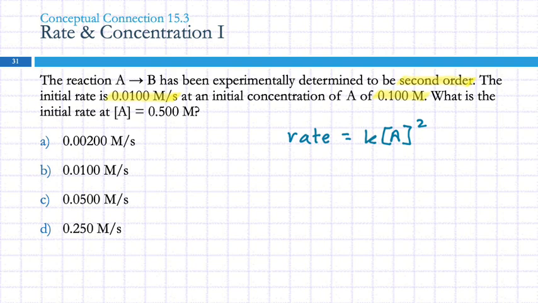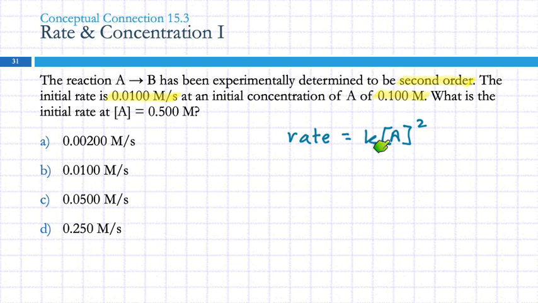We could do the math and calculate this, or, this being a conceptual question, we could also just think about it, which some people would rather just do the math, that's fine. But what is the change from 0.1 to 0.5? What is this multiplied by to get the new concentration? 5. It's multiplied by 5.